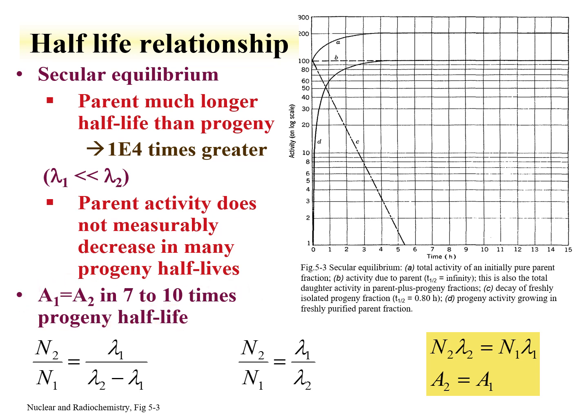There are details involved in actually measuring the activity and the uncertainties from the value, which is the reason why one would say that there's a range of half-lives. But as a reasonable rule of thumb, saying that the parent and progeny activities are equal within 7 to 10 half-lives of the progeny is accurate.